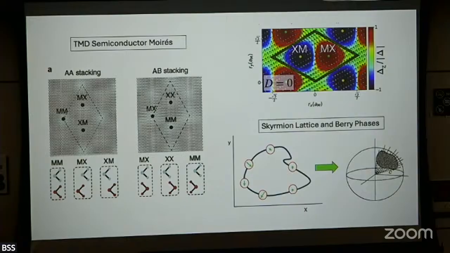This topological invariant, the 4 pi that you wrote. Is that related to something in the electronic sense? Yeah.